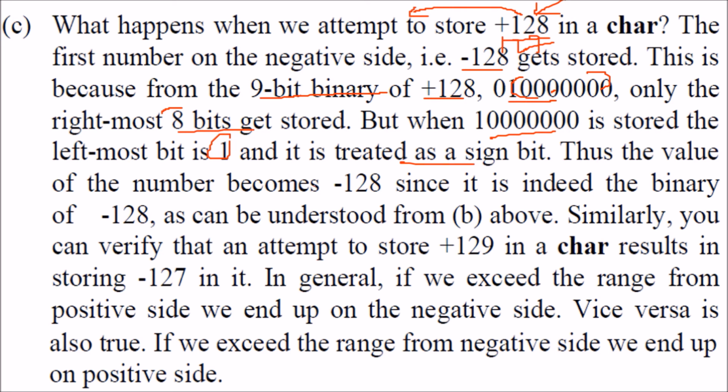So the value of the number becomes minus 128, since it is indeed the binary of minus 128, which can be understood from the previous discussion. You can verify that 127 is the range limit, 128 goes to minus 128, and 129 goes to minus 127. So when we exceed the range on the positive side, we end up on the negative side. And this is true for the negative side also. If we exceed the negative side, we go to the positive side.